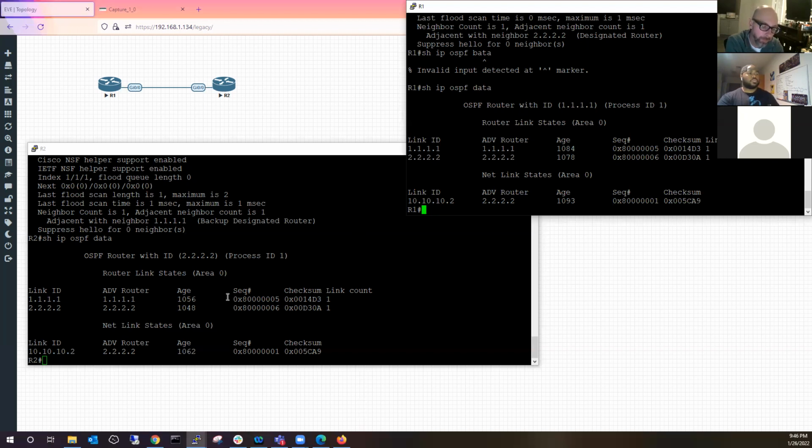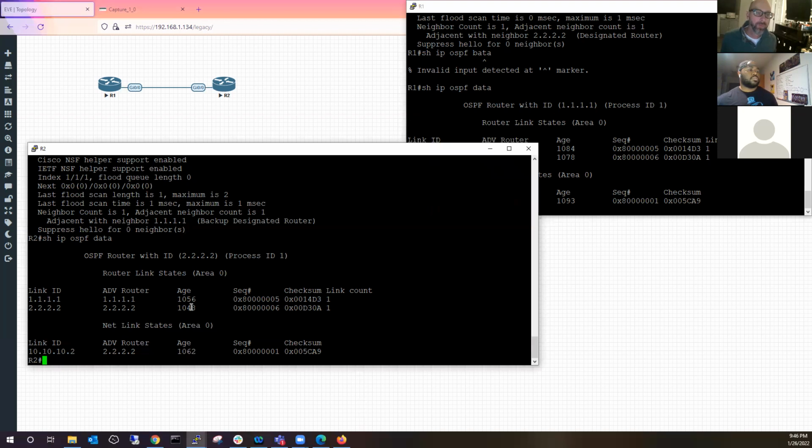R1 knows what R2 knows, and what's on the other side of R2 if there was another area attached. That's what makes OSPF so unique. It knows stuff behind the walls.